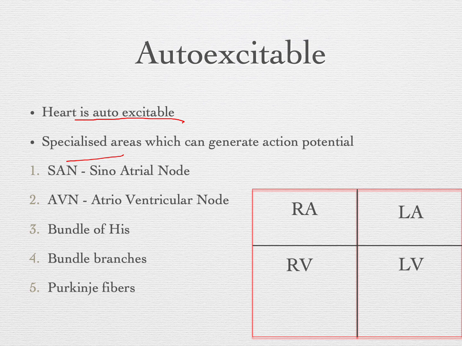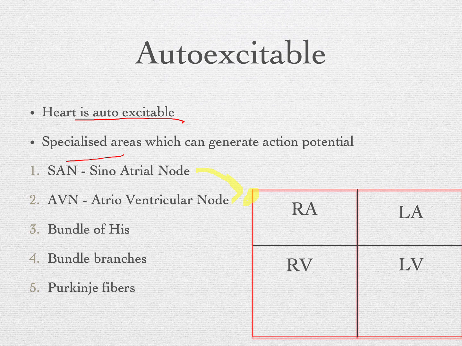So just to picturize this, there is a structure which is known as the sinoatrial node, which is present at the top of the right atrium. This sinoatrial node is very important for initiating the signaling process.